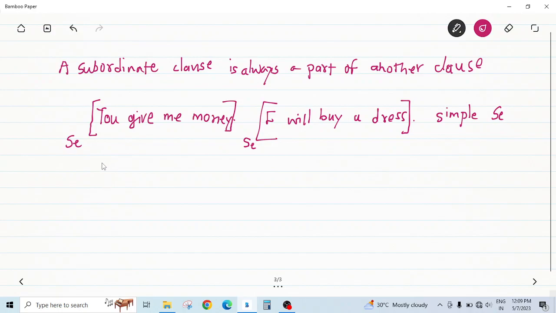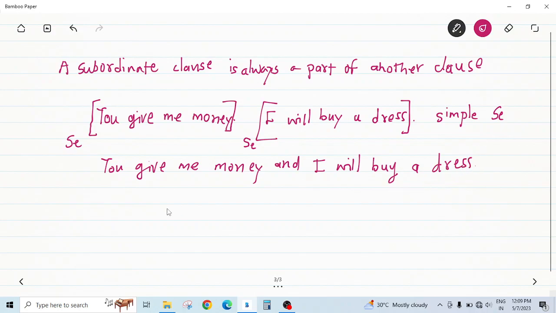Now, if I say that you give me money and I will buy a dress, these two simple sentences are joined by coordination, coordinating word, and, which we call a conjunction, right?